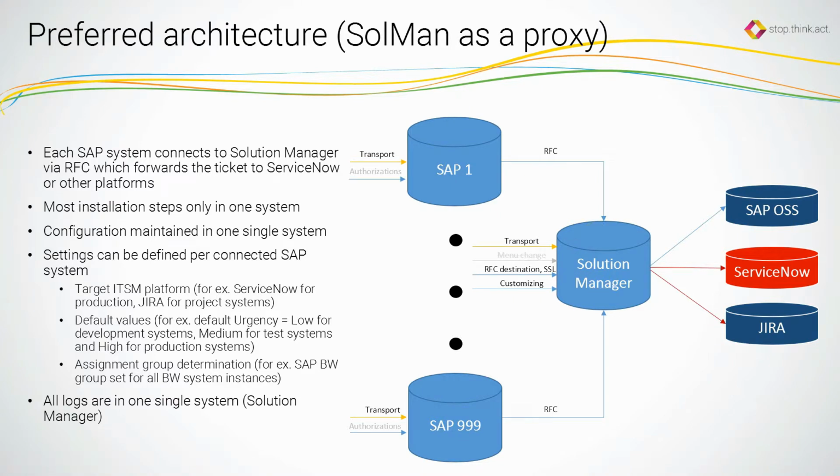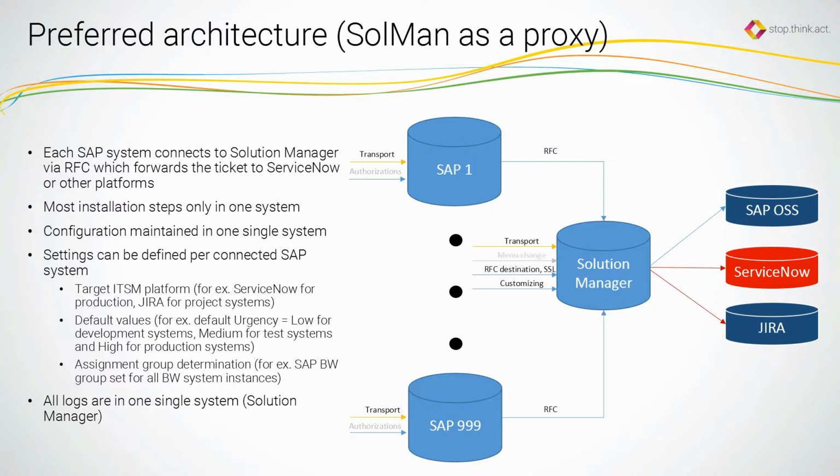As the product is delivered as transport files, you have to first transport the product into the systems, and then all the SAP systems will be connected to Solution Manager through an RFC destination. That's usually already set up, so we don't have to do any further configuration.